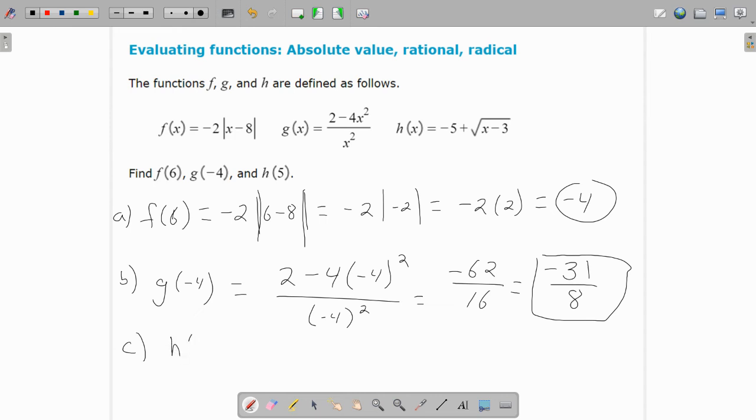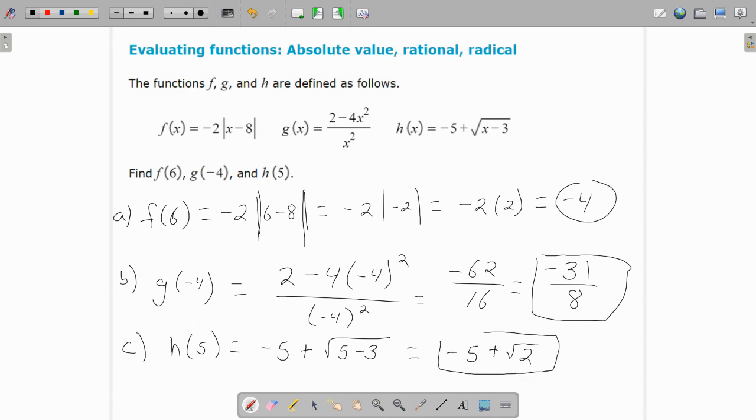H of 5 equals negative 5 plus the square root of 5 minus 3, which is negative 5 plus the square root of 2.